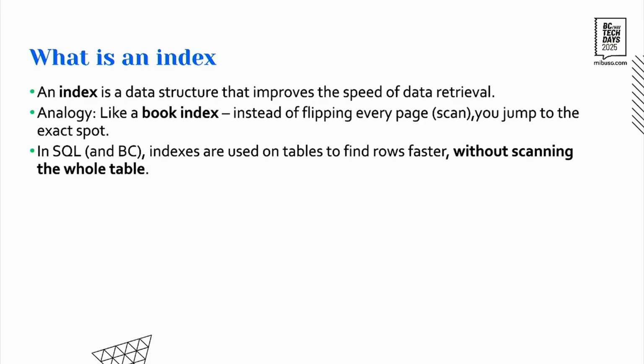You can open the alphabetic index, where every word is sorted in alphabetic order, and the index will point you directly to the page where you can find the word that you need. That's the most common analogy, and it's pretty much accurate when we're talking about one kind of index, specifically the B-tree index.